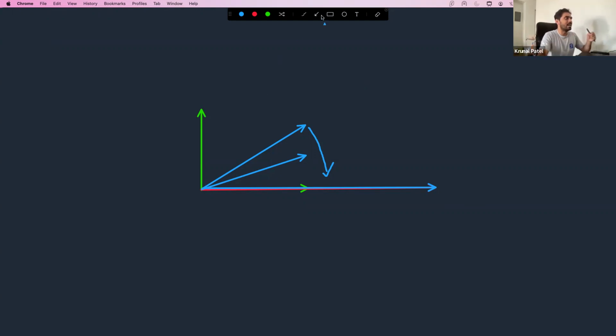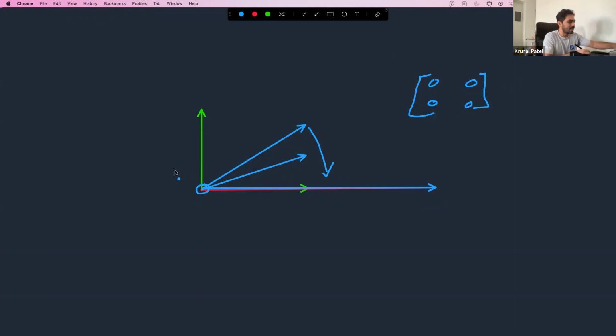So that's what I'll be doing if I have a completely zero matrix, where everything is 0. If you multiply it with any vector, it will transform it into 0, and basically all the vectors come all the way to the origin. So this is like collapsing the entire vector space into a 0-dimensional space.